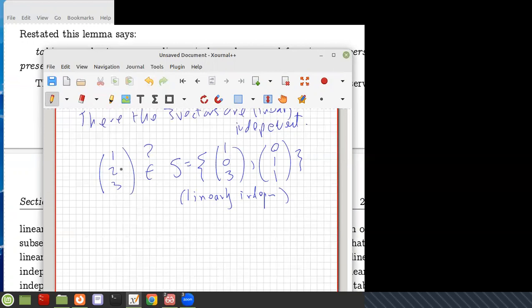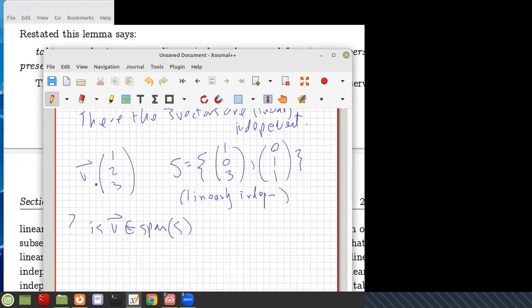One of the problems we dealt with in the last section, or the previous chapter, was: is this vector in the span of this set? Here's V, and the question was, is V inside the span of S?